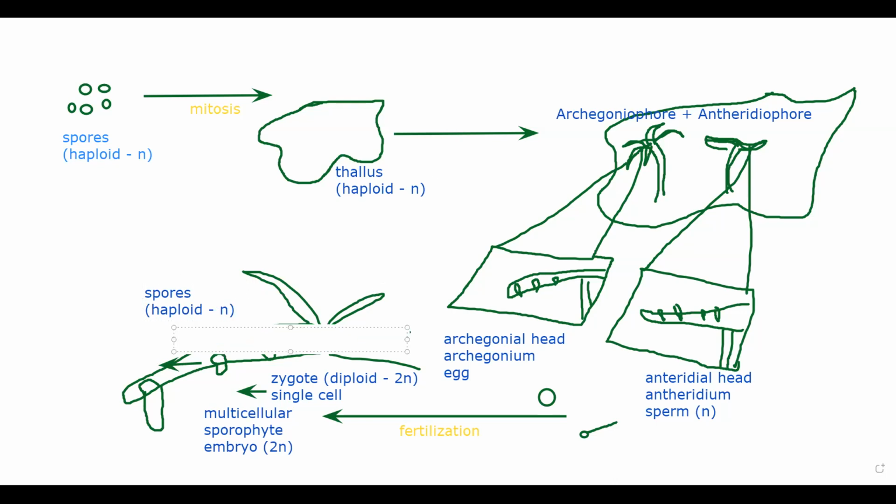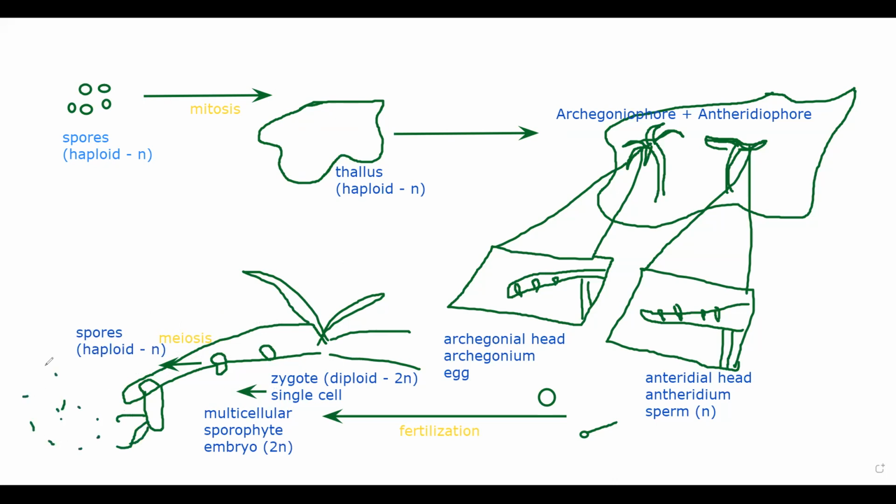And again, that is meiosis that is reducing the ploidy for these spore cells. The spore cells will burst out of the spore capsule, and if they land in a suitable location, grow into the new thallus, the new gametophyte.